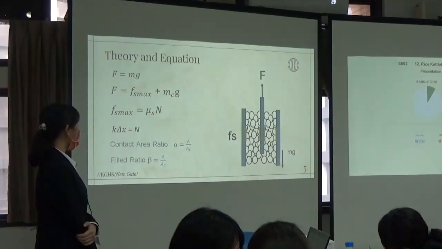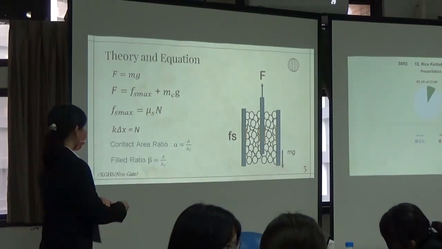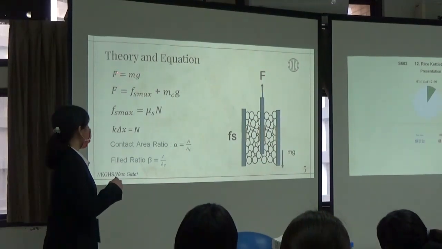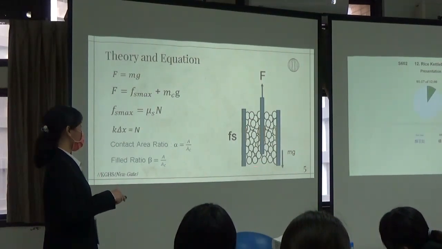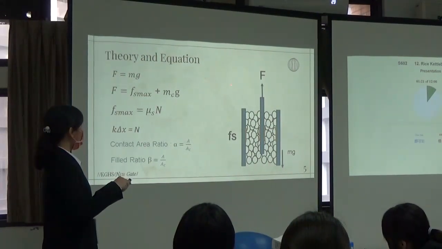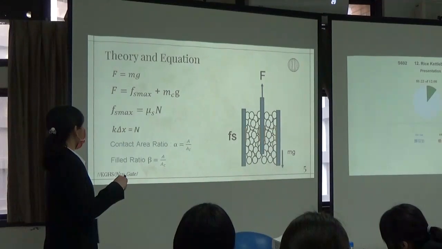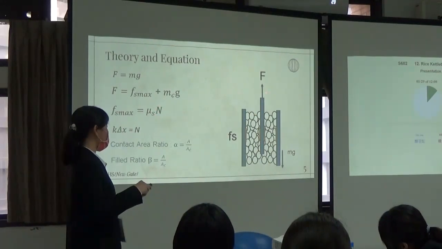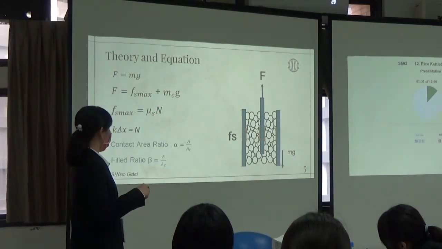And here is our theory and equation. F is the force with which you lift up the stick, and it equals mg, the weight of the whole system, and then you can lift up the whole thing. F also equals Fs max plus mc g, where mc is the mass of the stick and g is gravity.